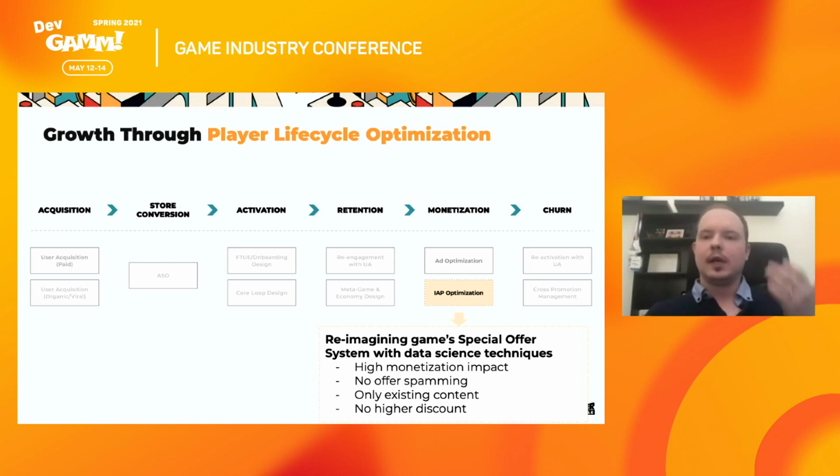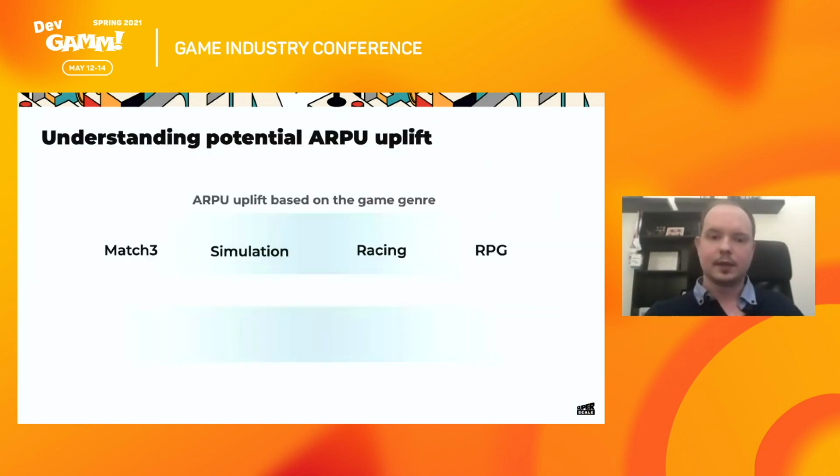So we can imagine having an old system, and now we are going to create a new system of special offers. With the new offer system, we are going to improve monetization in general, using, of course, data science techniques. Based on our experience, based on the projects that I was part of, as the complexity of the game increases, there are more opportunities to optimize the player journey.